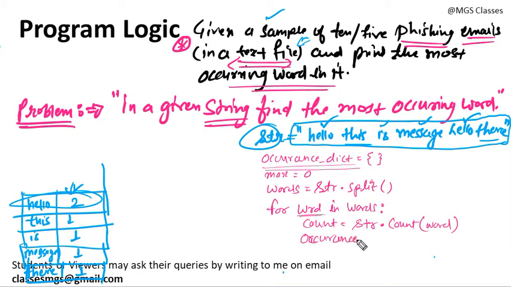The occurrence_dict.update method we are going to use, and you will pass the dictionary where the key will be the word, and your count will be the value. So essentially we are trying to create the dictionary like this.